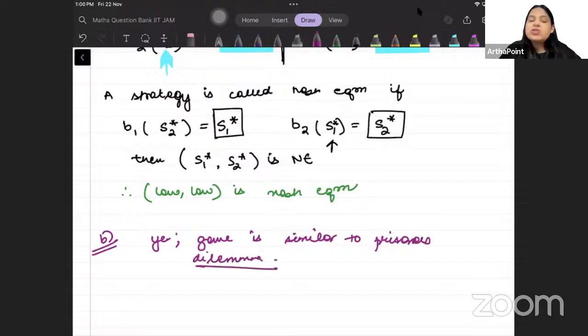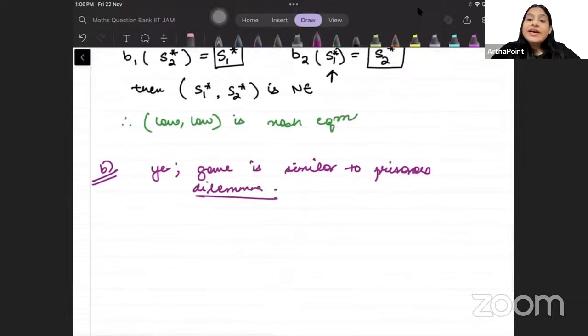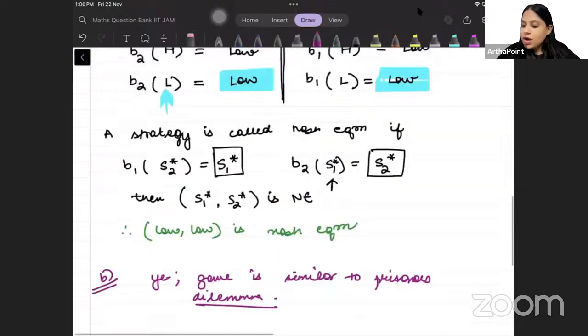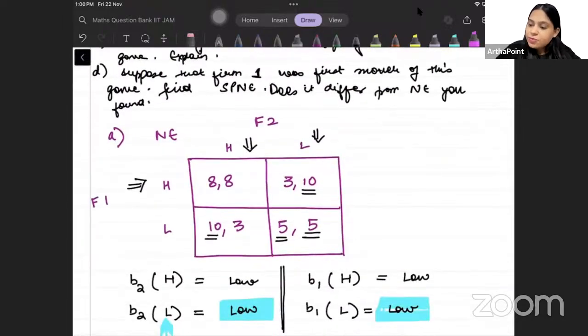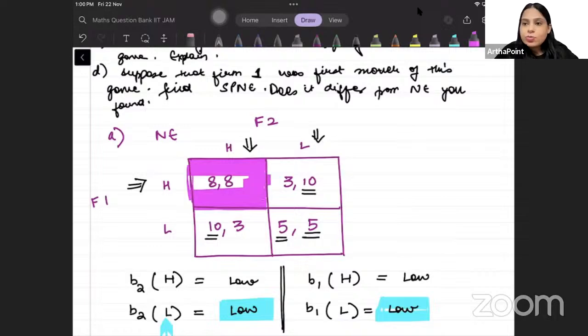The property of prisoner's dilemma was that there existed a strategy which was Pareto efficient, which was better. Pareto improvement is possible from Nash equilibrium, but we are not able to go towards that strategy. So if we look here, if both firms follow the price of high, then both will get a higher payoff, right? But this is not coming out to be Nash.